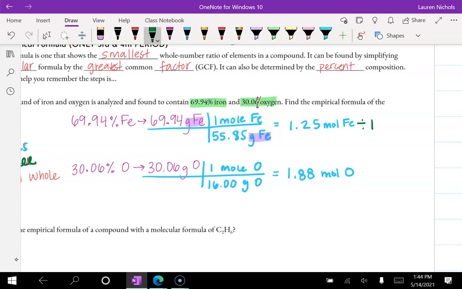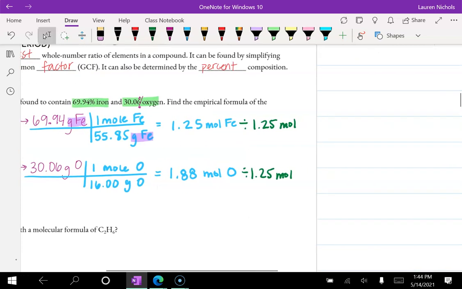So I divide by 1.25 moles for both of them because we need to create the lowest ratio that we absolutely can. And so 1.25 divided by 1.25 is just 1 atom of Fe because our moles are going to cancel out. And 1.88 divided by 1.25 is going to give you 1.5 oxygens, which I'm going to write OXY so it doesn't look like a 0.